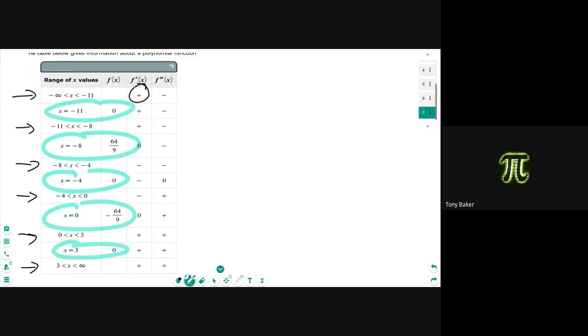We look at our first derivative. First derivative is positive, so that means it is increasing. And the second derivative is negative, so that means the concavity is what? Concave up or concave down?